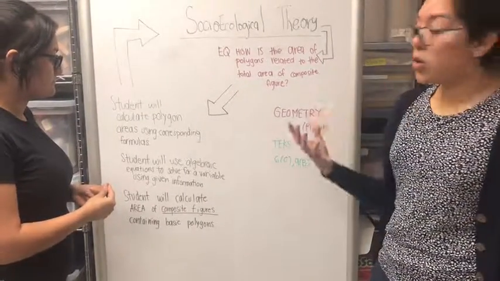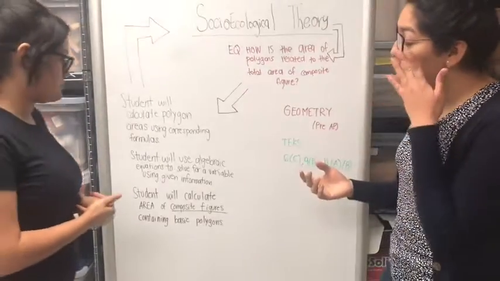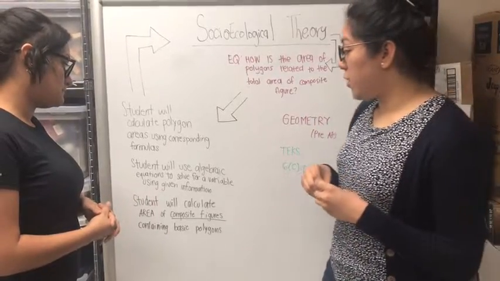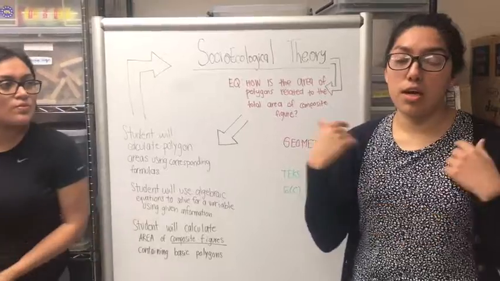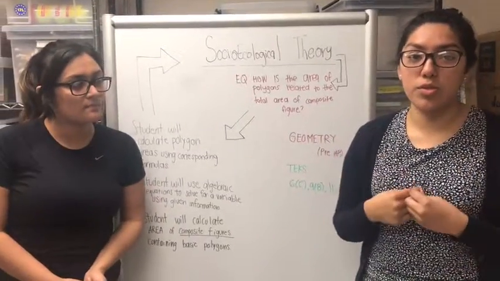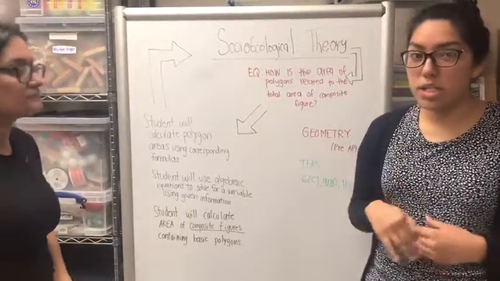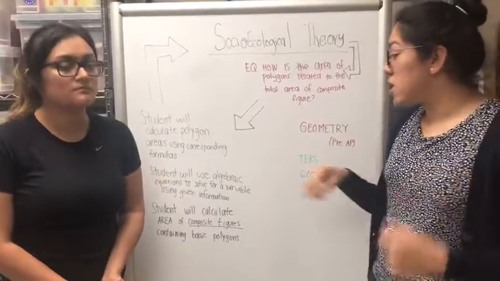Our main goal is for students to calculate polygon areas using corresponding formulas. We really want to emphasize how the formulas have their logic. Sometimes we just learn things, but it's not supposed to be just memorizing stuff, but also knowing the logic behind it. So we want to open that mindset for students.